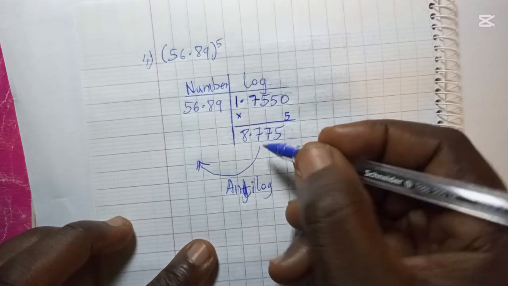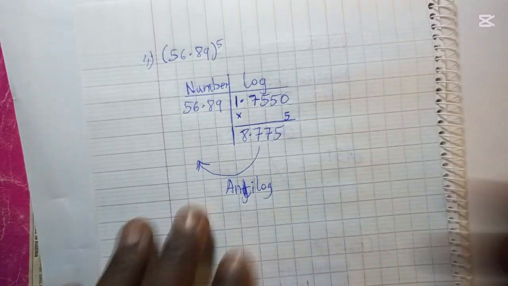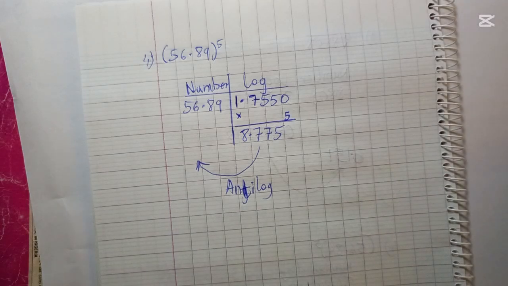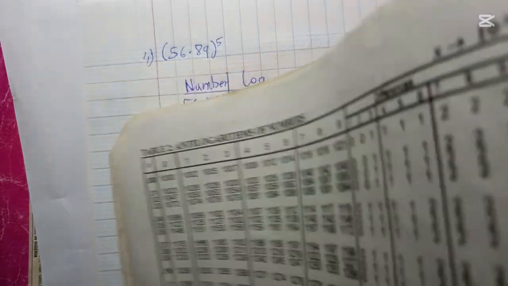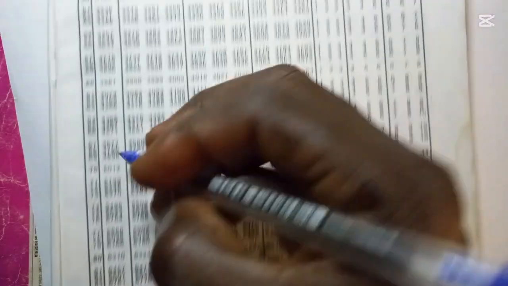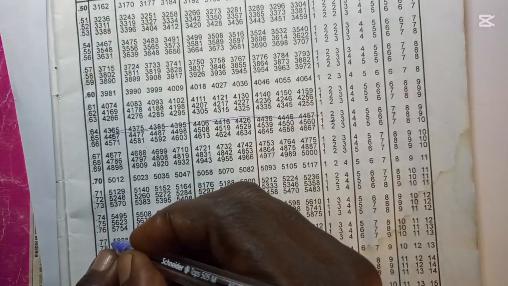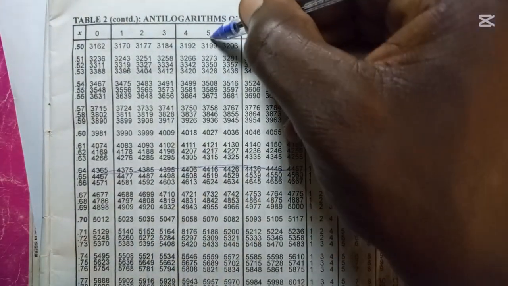Antilog of this number. To get the antilog of this number, we do 77 under 5. Welcome to the table of antilog. Look for 77. Here is 77. Now 77 under 5, this is 5.